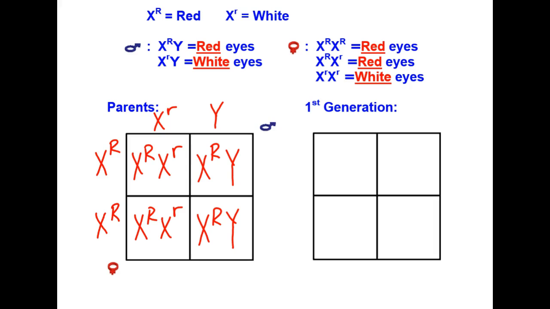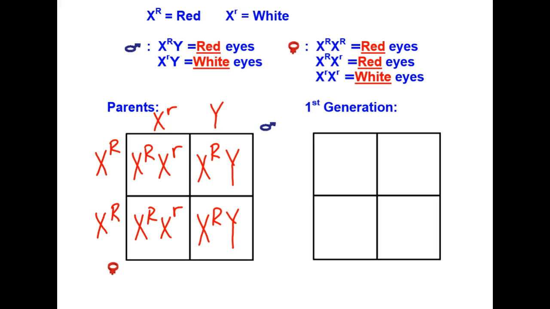Okay, so a couple of conventions here. We just always write X's before Y's because that's how it's done, and we always put dominant traits in front of recessive traits, just like we did when we did our other genetics problems. Okay? Now, so these are the offspring from the parents.